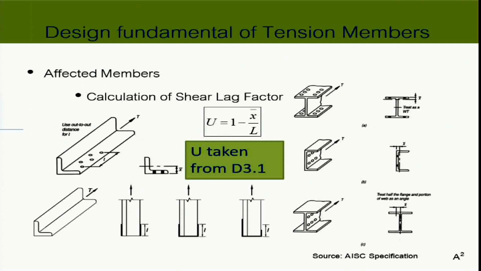Which is, in fact, the property of your section. You cannot change that. Now, L is the length of the connection itself. For example, it begins from the first bolt to the last bolt here.